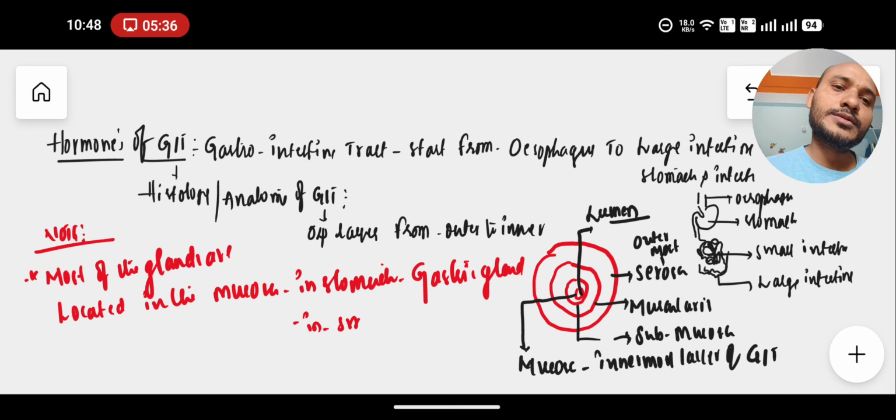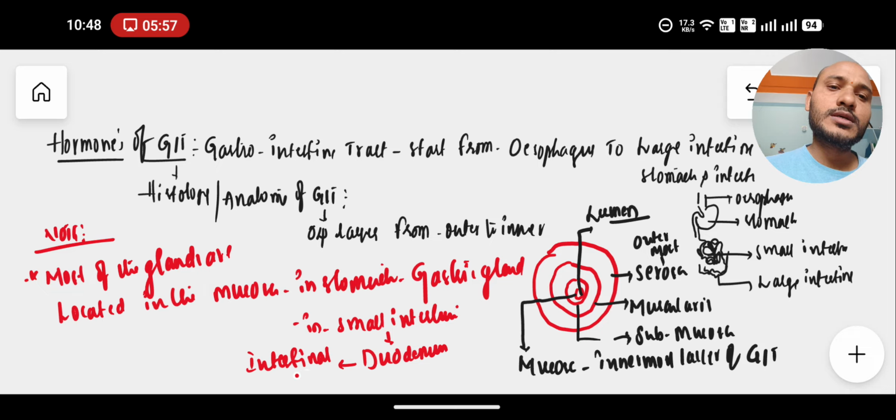In the small intestine we have three parts: duodenum, jejunum, and ileum. In the duodenum region there is a gland called the intestinal gland.